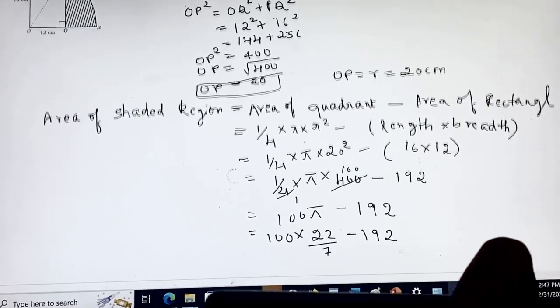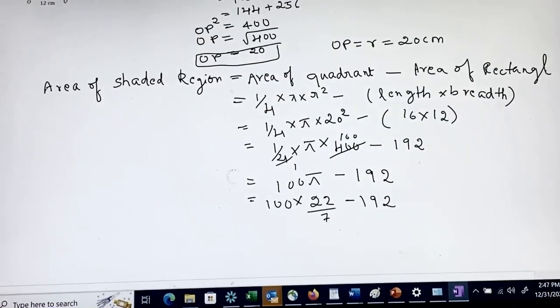192. Okay, so next, how do you simplify this equation? You multiply 100 into 22 by 7. Okay, so if you multiply this, it gives 2200 by 7 minus 192.